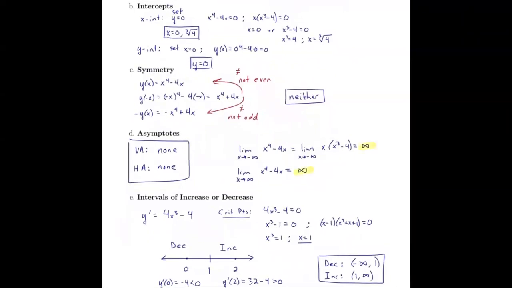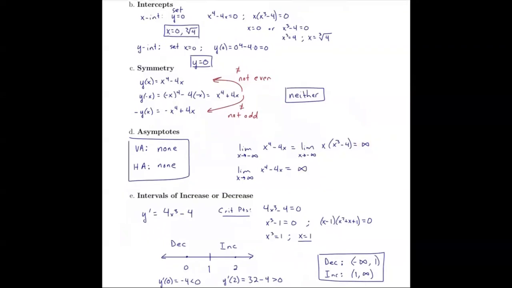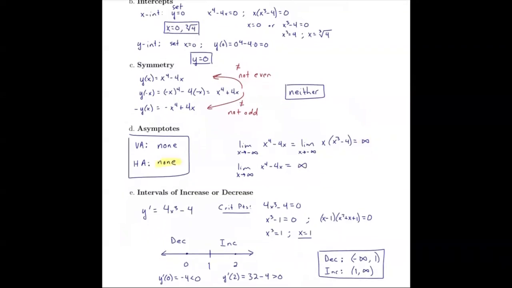Well, that fits our algebra notion of upward end behavior on either end. So that matches. We don't have any horizontal asymptotes because these limits diverge to infinity. So there's nothing that we're approaching. It's just infinity.